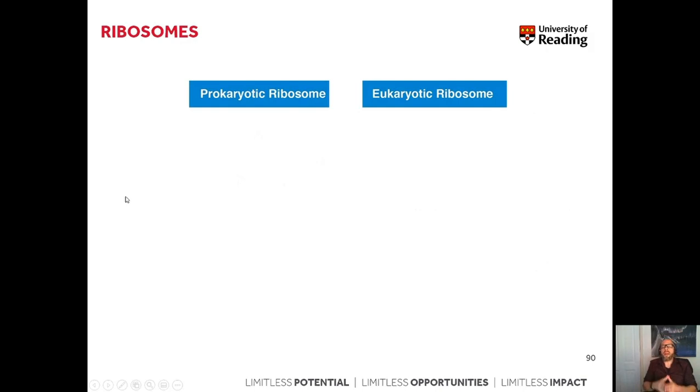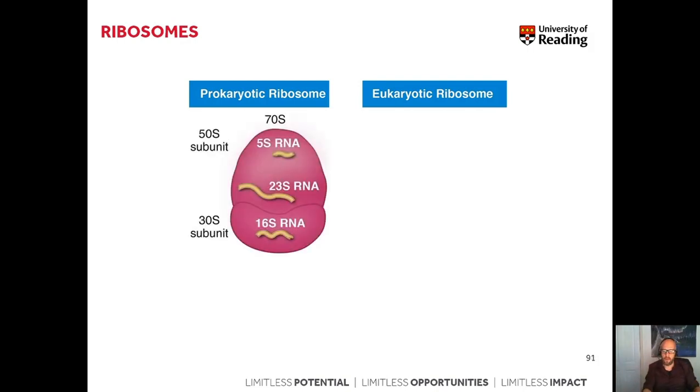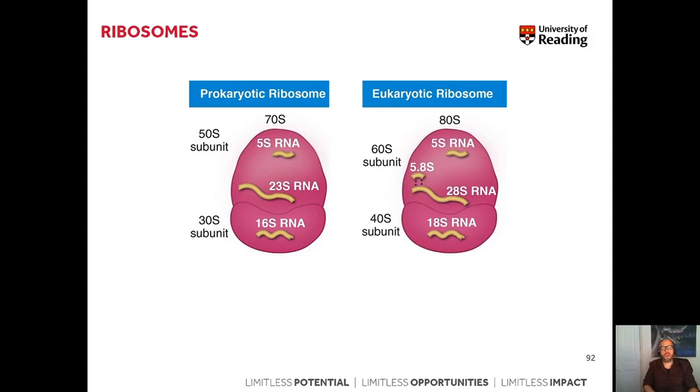So, are there any differences between bacterial ribosomes and eukaryotic ribosomes? Indeed, there are. The first obvious difference is that those ribosomes have different sizes. In eukaryotes, those individual subunits tend to be slightly larger.